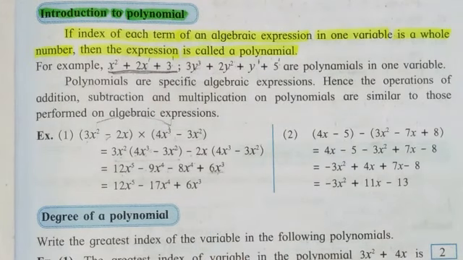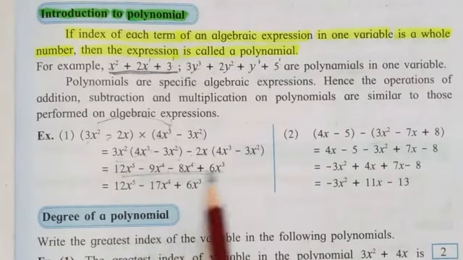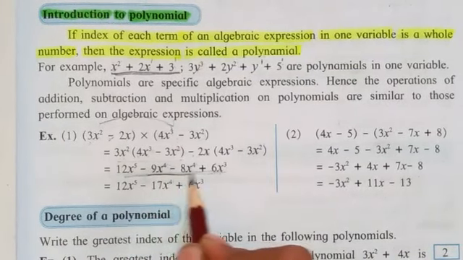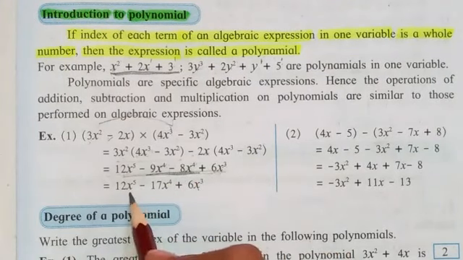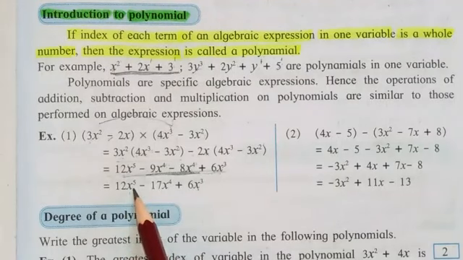Then after that, we have to observe this third stage, where whatever like terms are there, we have to combine. It means here we are able to solve these 2 terms. And the rest of the terms we have to write as they are. 12x raised to 5 will be as it is.